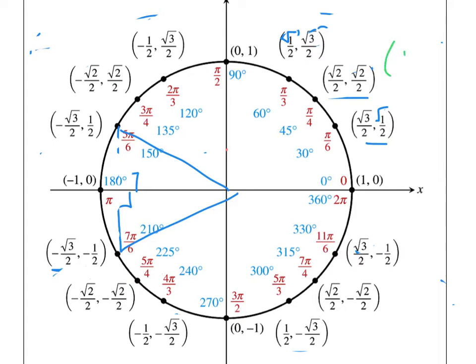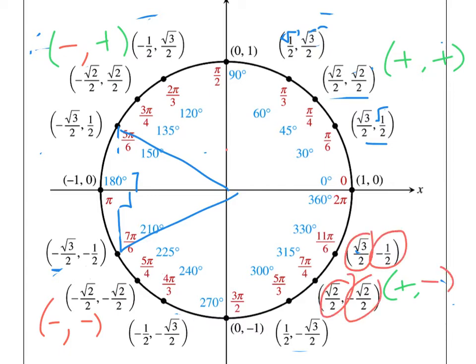So everything in the first quadrant is plus plus. Second quadrant is minus plus. Third quadrant, both negative. And fourth quadrant is positive, negative. All right, and I can look at each of those coordinates and see that that is true.